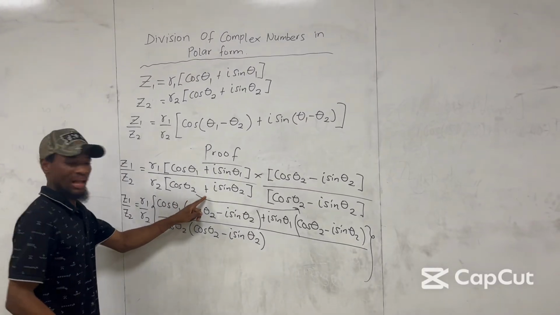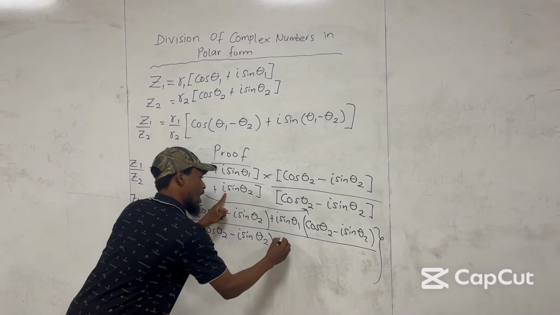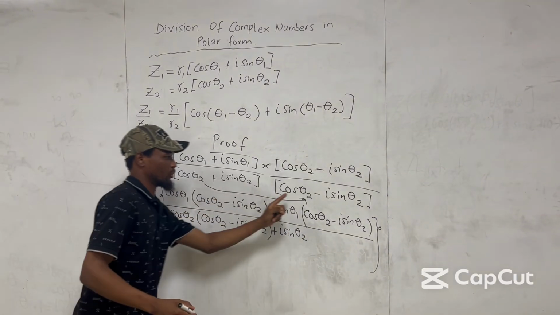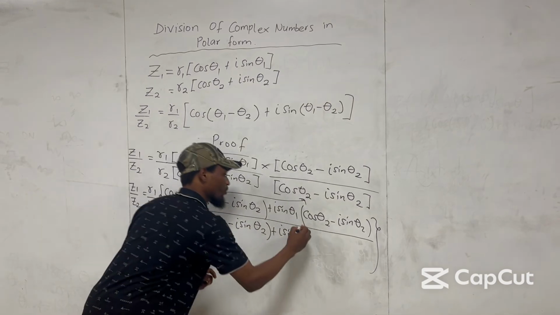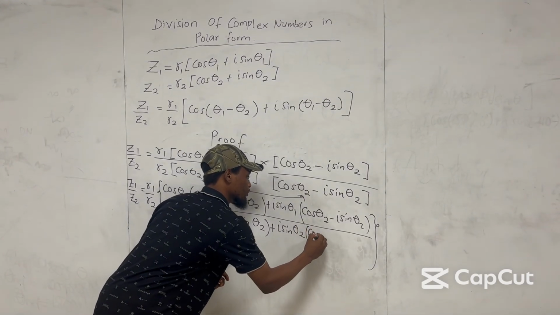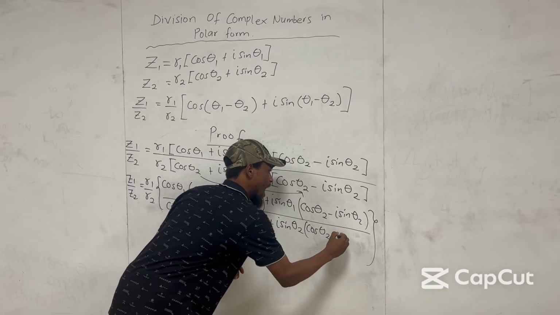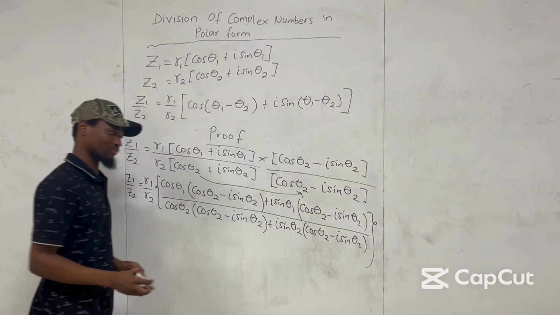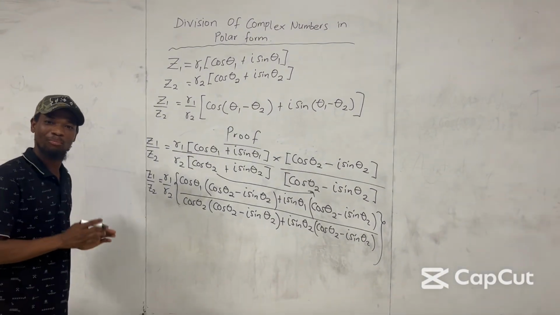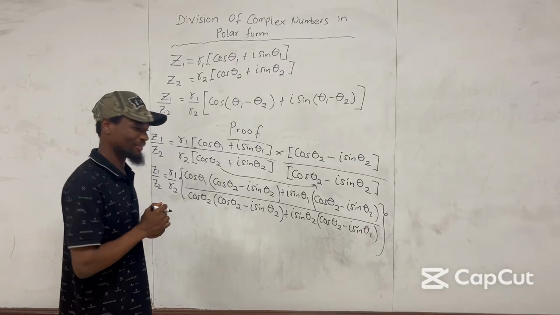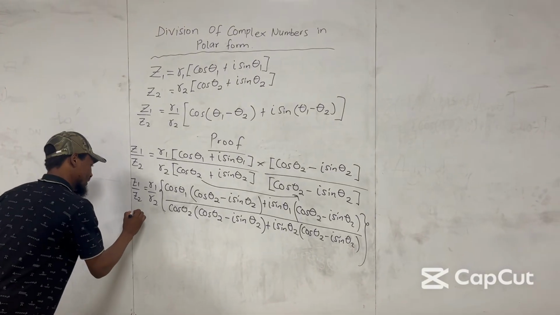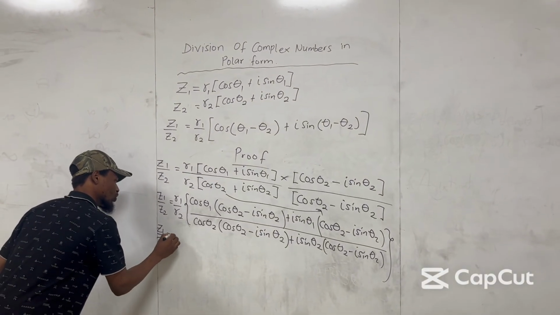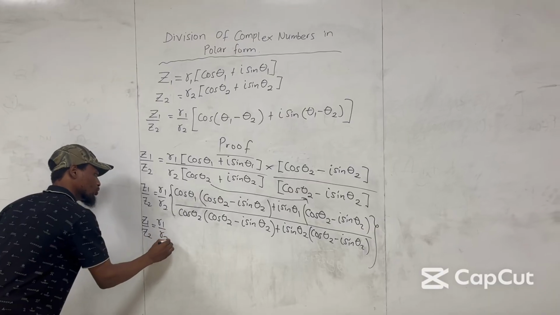Then I have plus i sin theta 2, which will also multiply this expression, cos theta 2 minus i sin theta 2. Very, very simple, step by step. So I have z1 over z2, which is equal to r1 over r2.